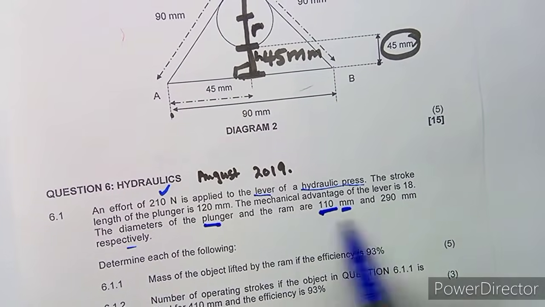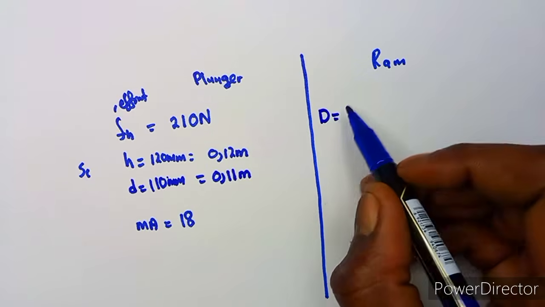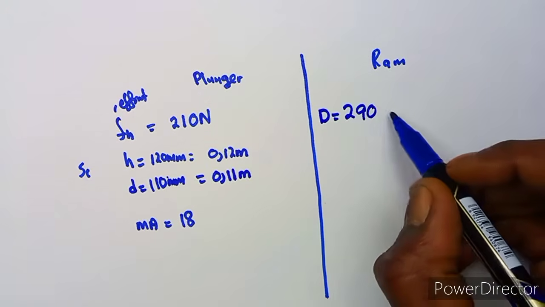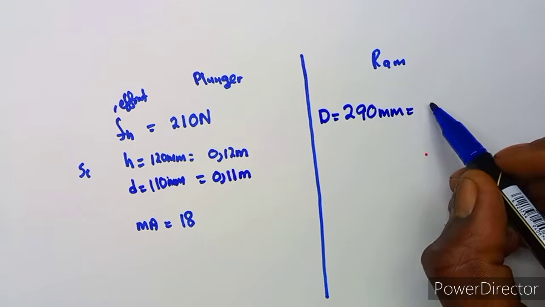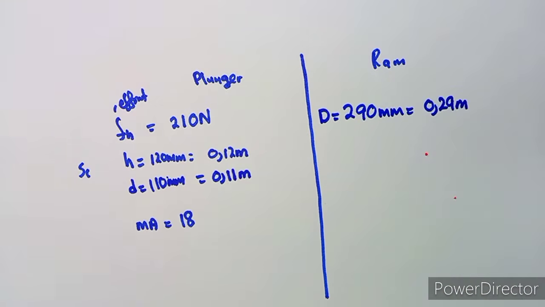Then on the ram we've got a diameter of 290 millimeters, which is 0.29 meters if we divide by 1000. So taking information is very important. It can help you when we have this.